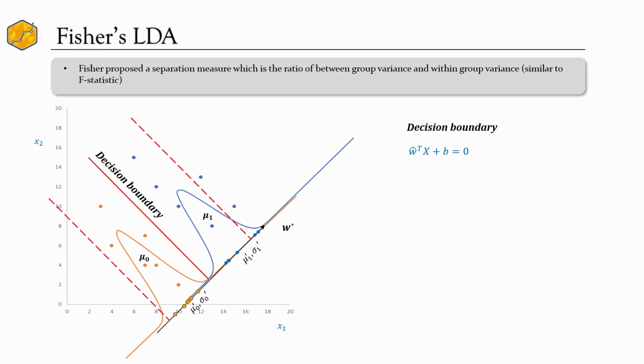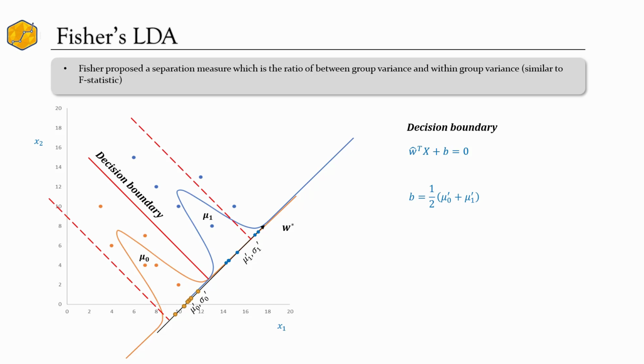If this is the decision boundary, and ideally we want to put it exactly in the middle of the projected means, then what will be B? B will be simply the average of the projected means. Once we calculate the projected means, we already have solved for W analytically, so we have the decision boundary.